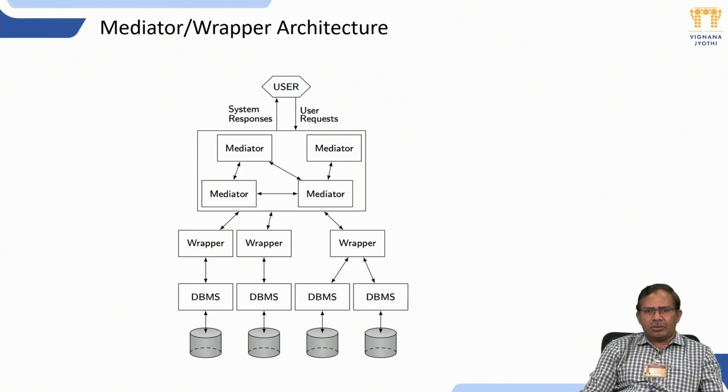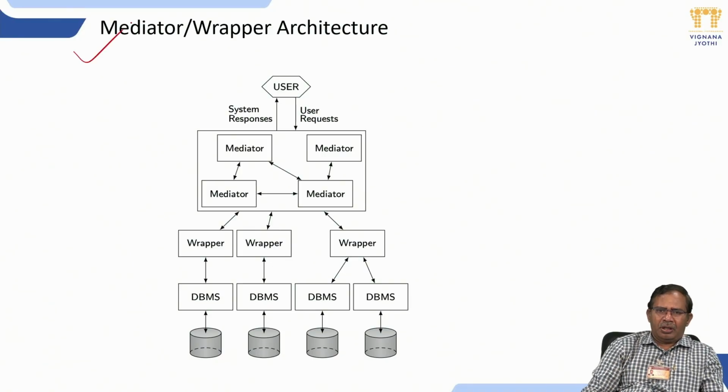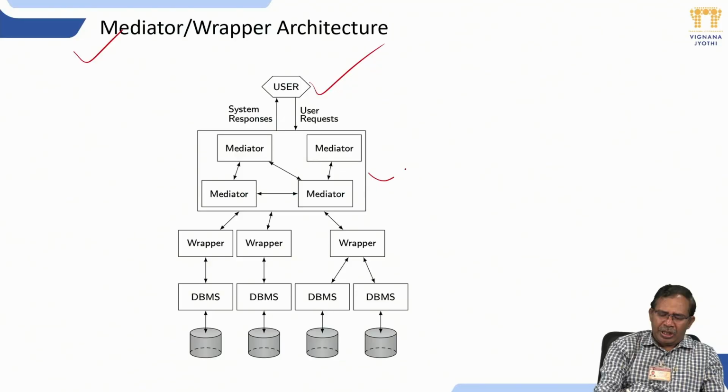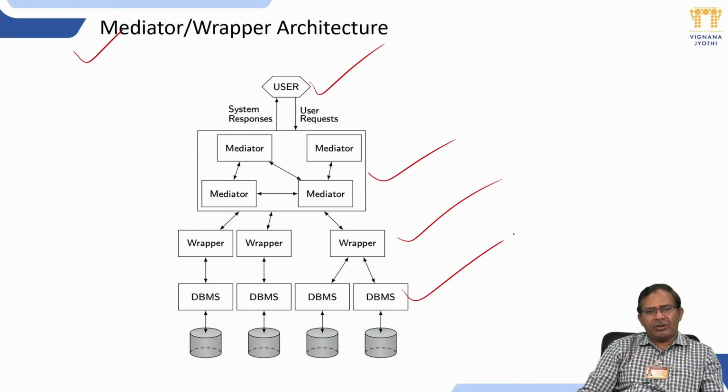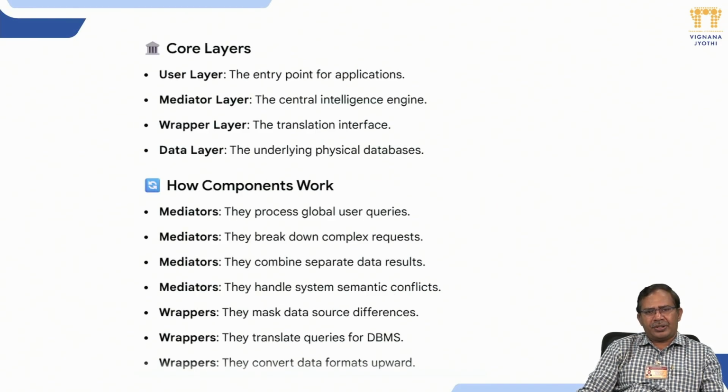In the architecture defined, multiple DBMS architectures are available, like client-server architecture, peer-to-peer architecture, and multi or different layered architectures. In the mediator-wrapper architecture, user interaction is there, an intermediate layer is there, a wrapper is there, and DBMS connected to different databases.